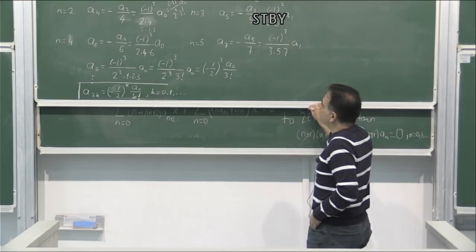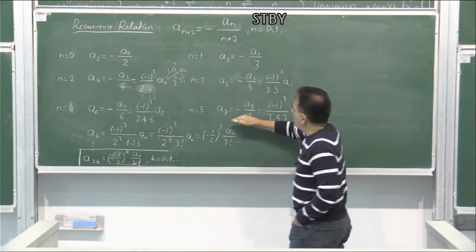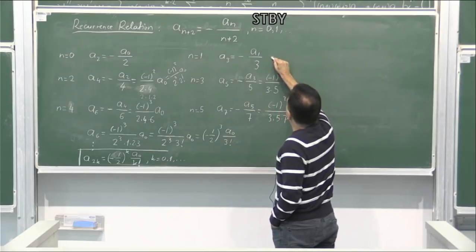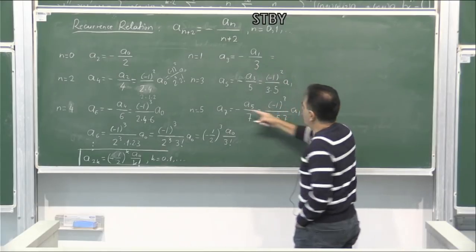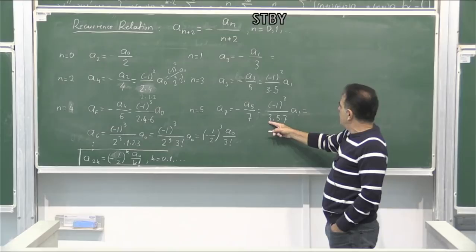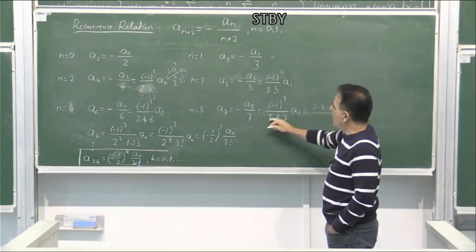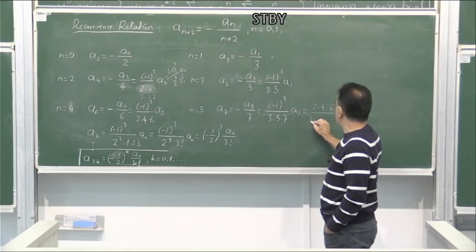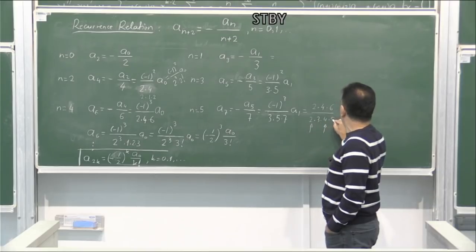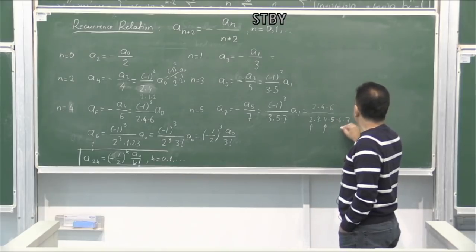Similarly, if you look at the coefficients with an odd index, you will see that, look, for example, at a7. Is it possible to multiply throughout by 2, 4, 6 and divide by 2, 4, 6 to get the terms 2, 3, 4, 5, 6, 7 in the denominator?